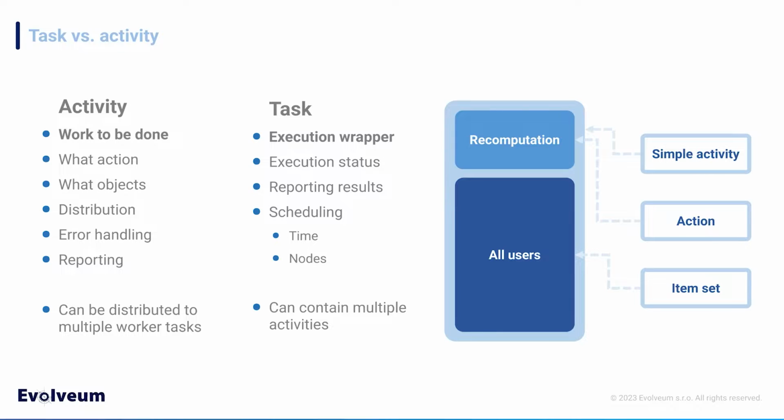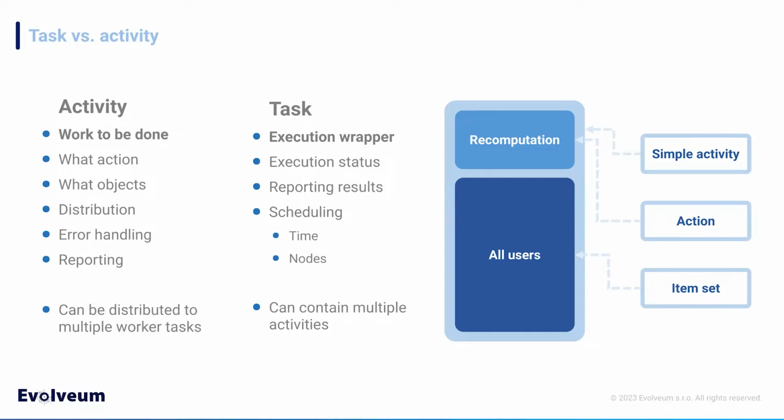And then as a part of the activity, you might define additional properties, like if the activity should be run in parallel, how it should be distributed across nodes, how errors should be handled, and also the activity is responsible for reporting on the results of the individual objects, because the activity is really close to the work, so it understands what is happening, if there is a problem, or how to report the progress.